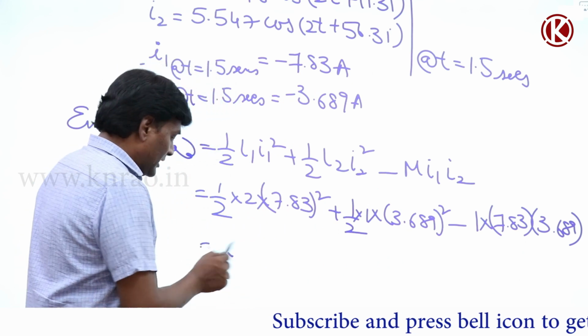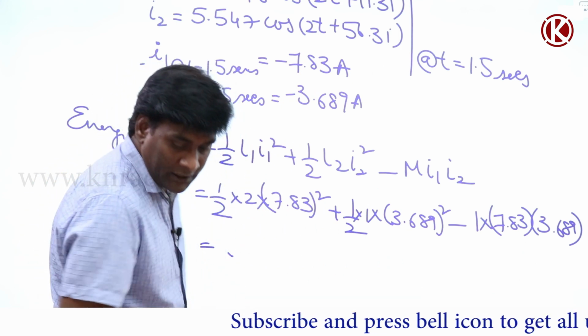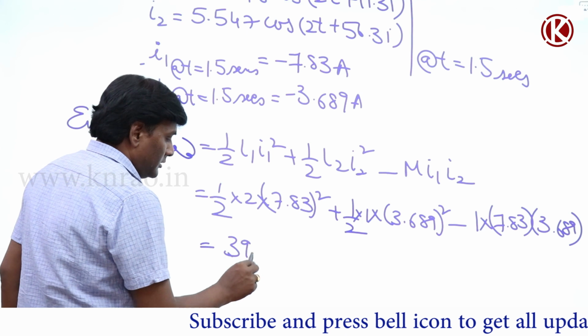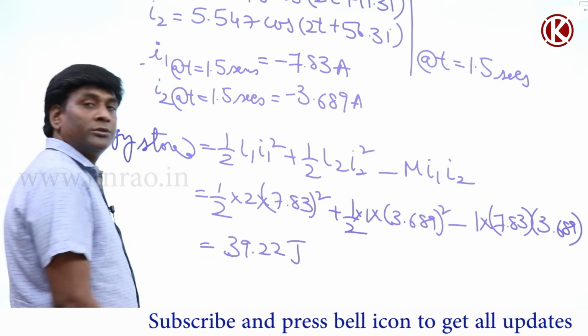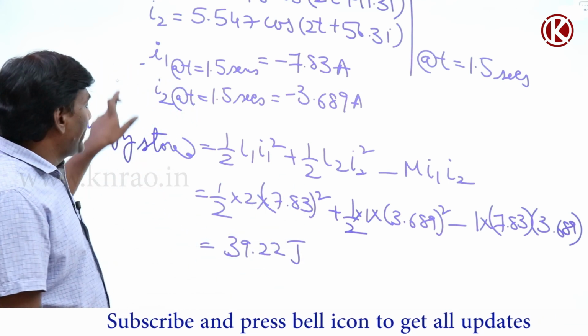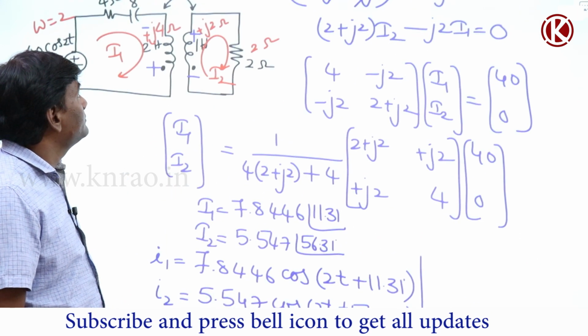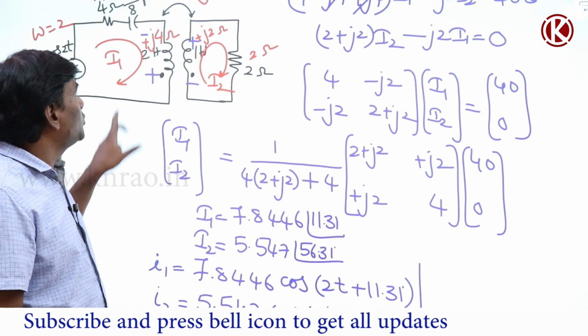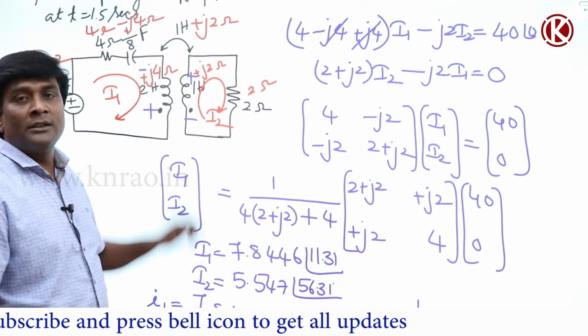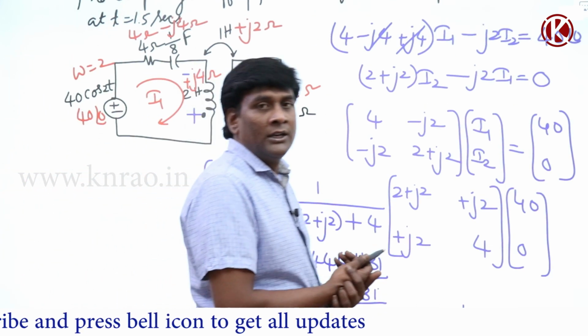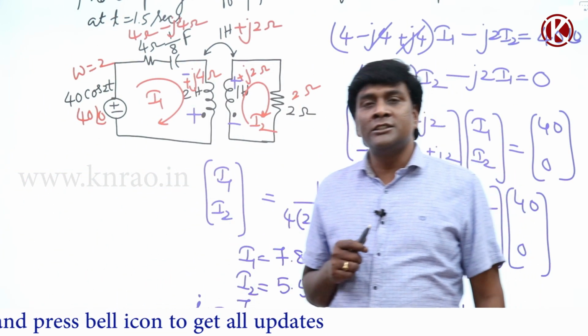Okay, so if I calculate that, 39.22 joules. Okay, so we calculated, see here, 1 henry here, 2 henries here, and mutual coupling they have given 1 henry.